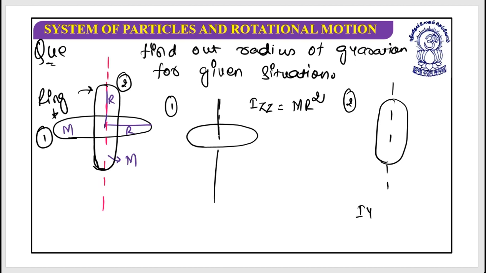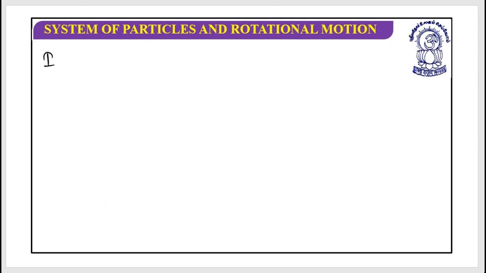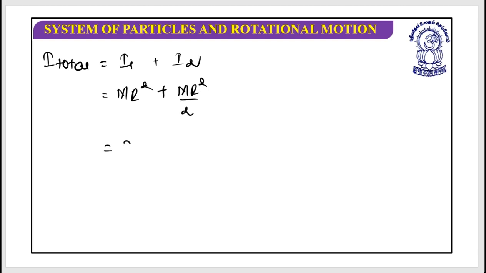It's an I YY, which should be given as MR square by 2. So now let's find the I total. That should be equal to I1 plus I2. When I write this, it's MR square plus MR square by 2, which is equal to 3 by 2 MR square.